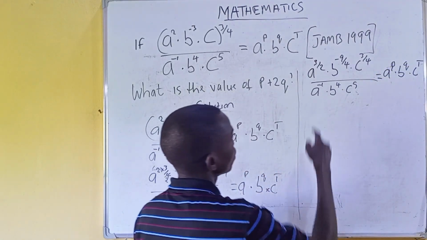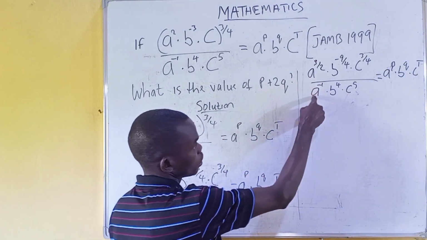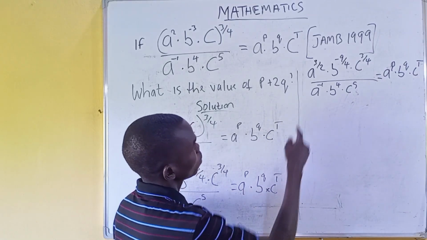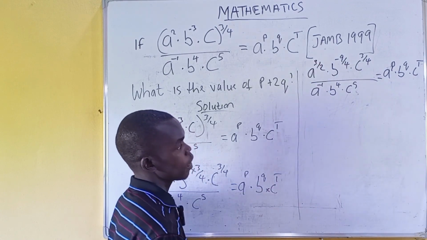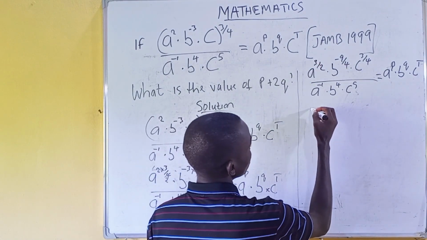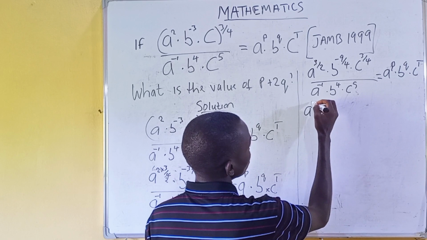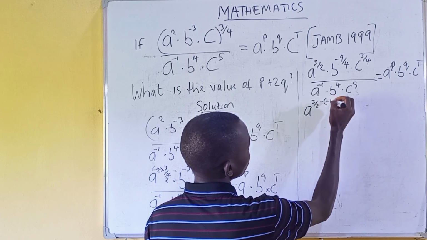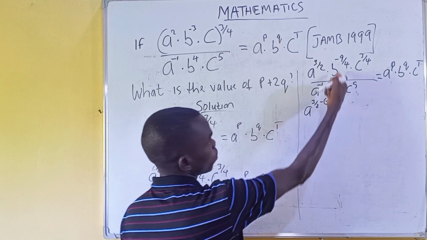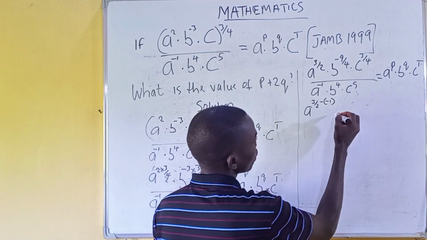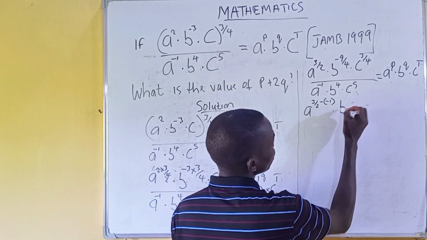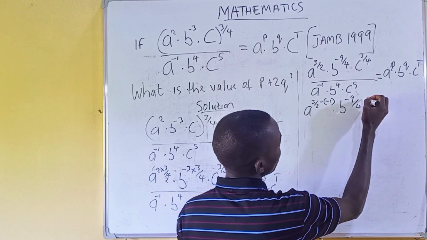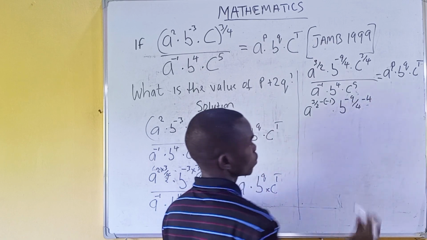So from here now, this and this are the same, and from division law, we said we subtract the power, which will now be a^(3/2 minus (minus 1)). Therefore, b will do the same, b^(-9/4 minus 4).